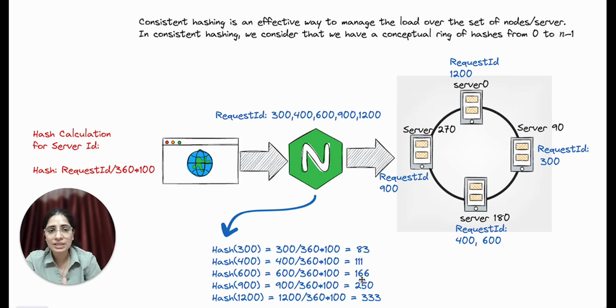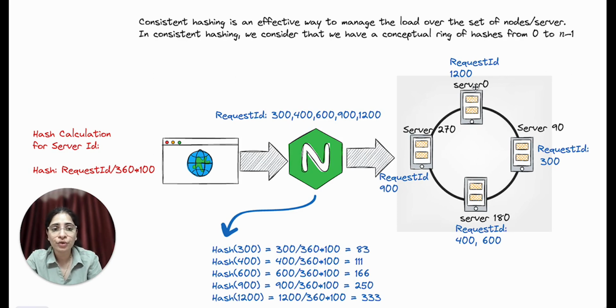How will consistent hashing work? Consistent hashing will not go to the exact server like in the previous case, but instead it will go to the next immediate server in the clockwise direction. For example, if I calculate the hash of 300, it is 300 divided by 360 into 100, which is 83.